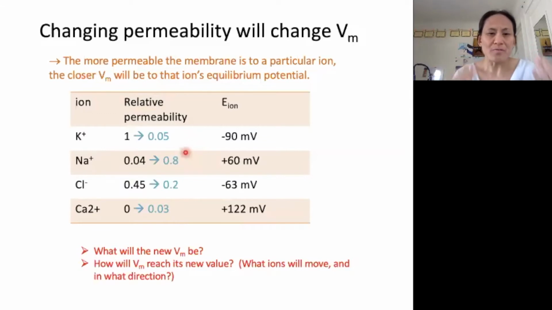I want you to think through, now that we've changed these permeabilities, what effect is that going to have on the membrane potential? What's the new membrane potential going to be? How is it going to reach its new value? In other words, which ions are going to move and in what direction? So I'd like you to take a break to answer that question. Go ahead.